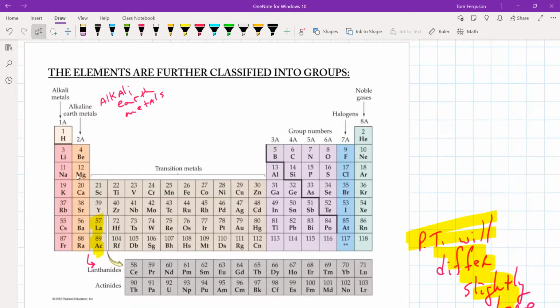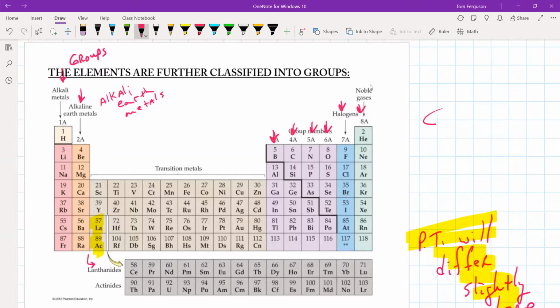I want you to know 4 groups. Now, groups are vertical columns. And there's a whole bunch of them.